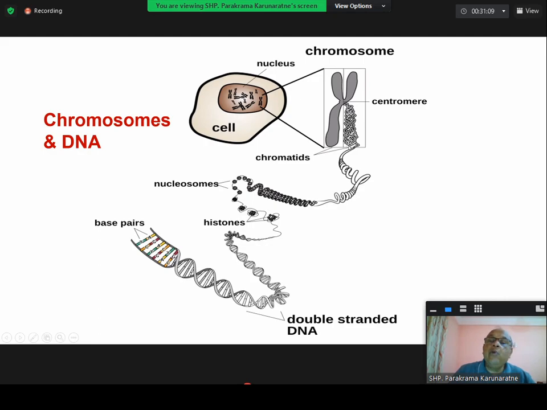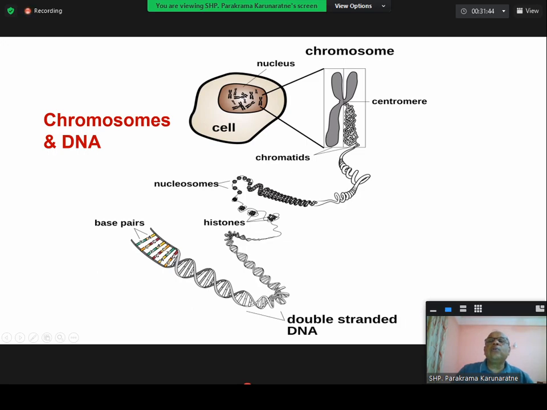Since the DNA molecule is very long, you have to pack it properly. To pack it properly, this DNA molecule is woven around protein balls called histone protein molecules, and these make balls called nucleosomes. These nucleosomes are again packed very tightly to make the chromosome. So this is the structure of the chromosome.